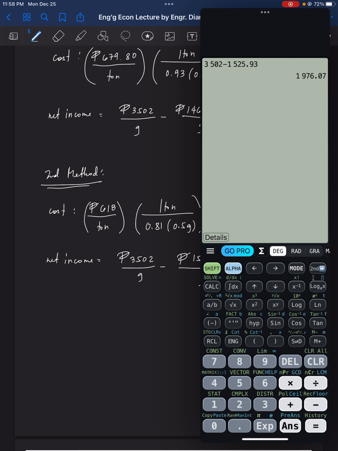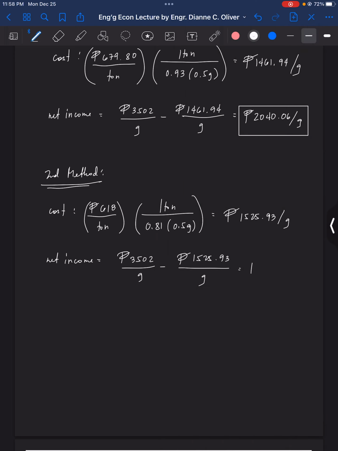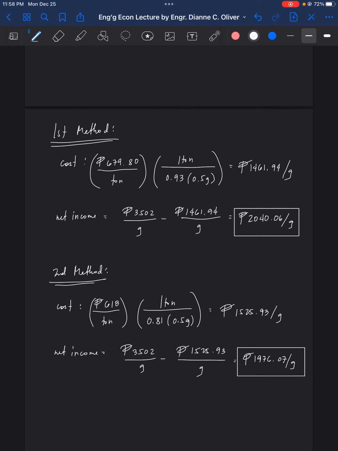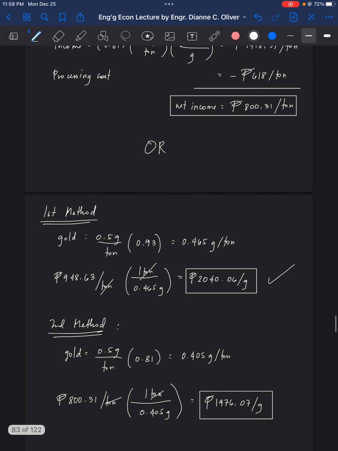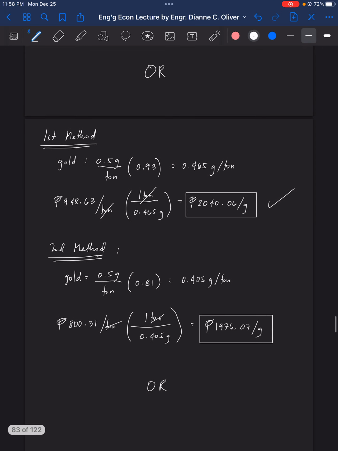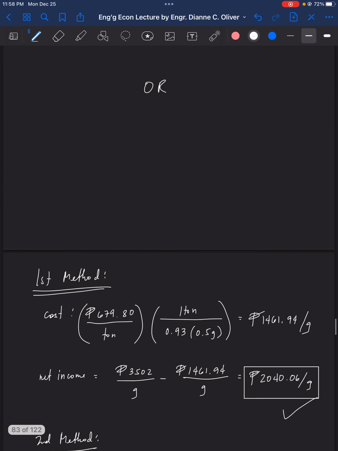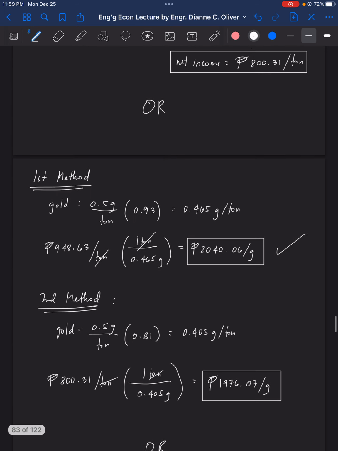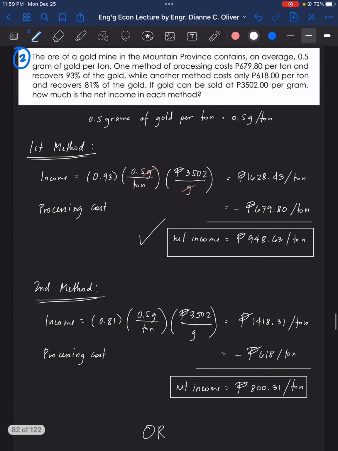So 1976.07 per gram. So again it's the same with this solution. So all three solutions point to the first method as the best method. So that's number 2.